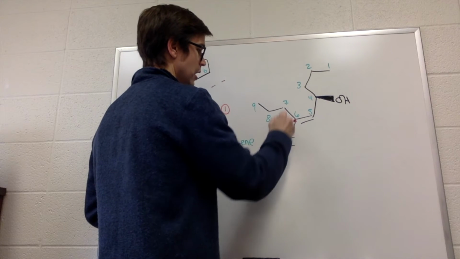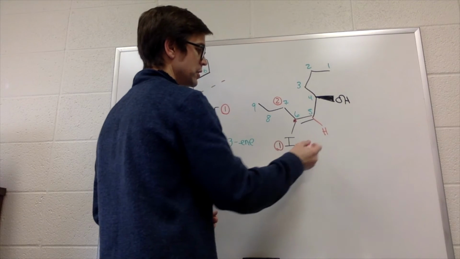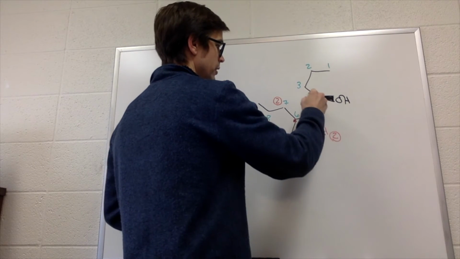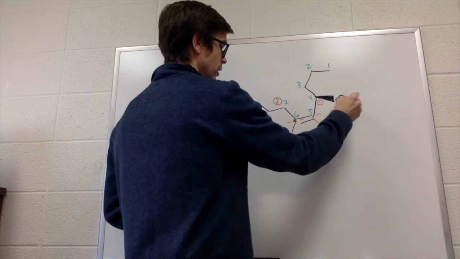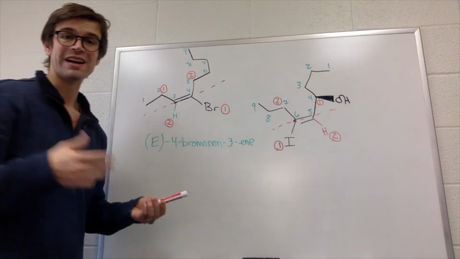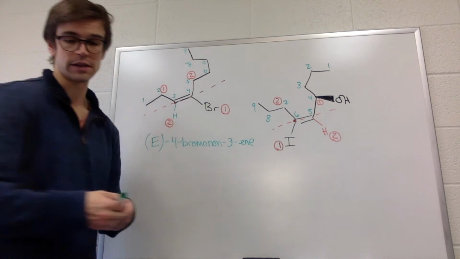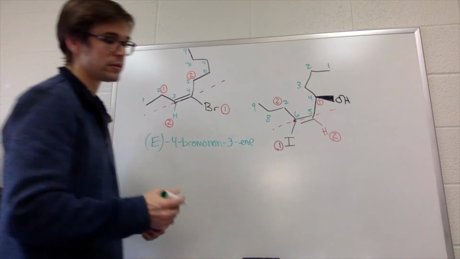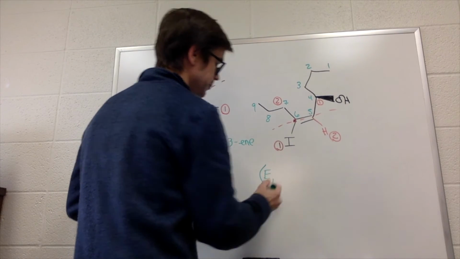The iodide's larger, so that would be 1, this would be 2. This has a non-drawn in hydrogen, that would be the second priority. This would be the first priority regarding the alkene. Our first priorities are opposite, so this is going to be not Z for the same side, but E, which tells us that they're opposite sides. So we'll just start out our naming by initially putting an E.